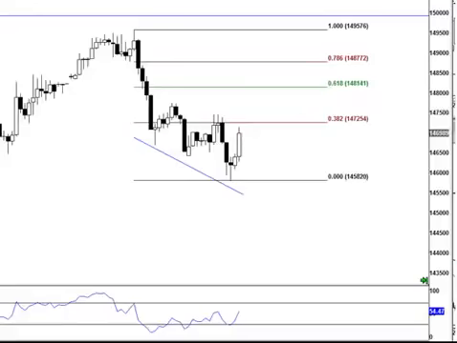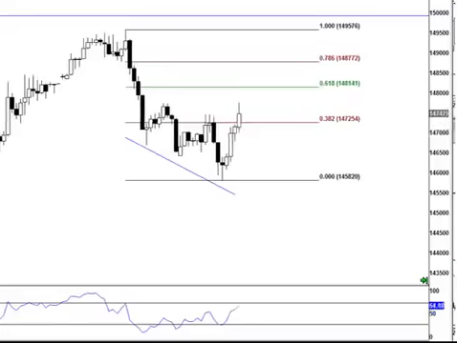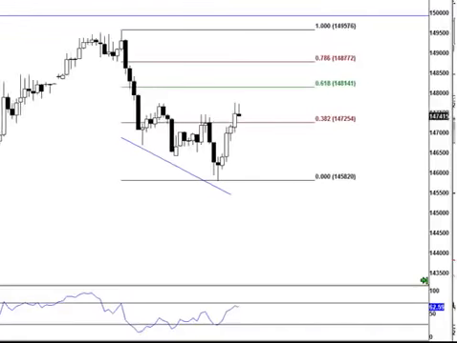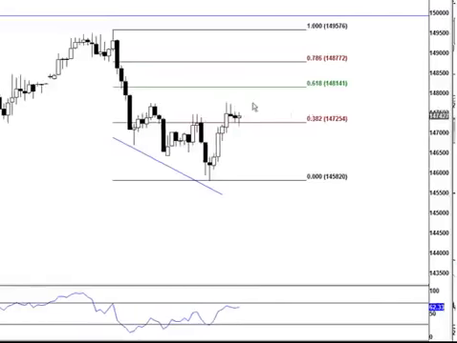It was beautiful, the setup that happened, and that takes us up to where we are right now at about 1 o'clock Central Standard Time. We took our profits off at 147.25, right here, just as the market started to pull back a little bit.